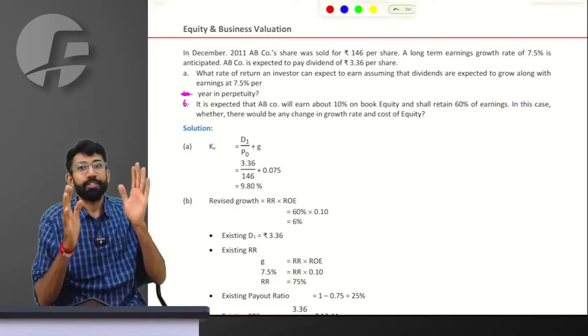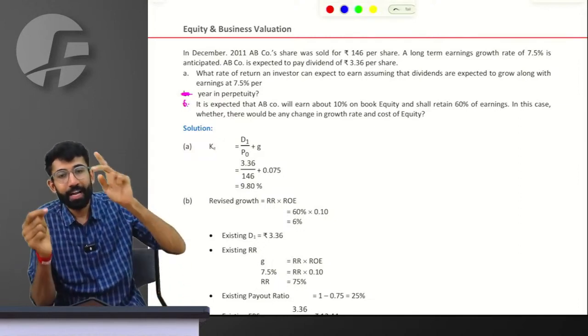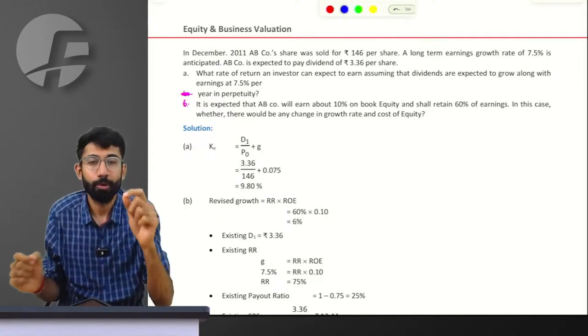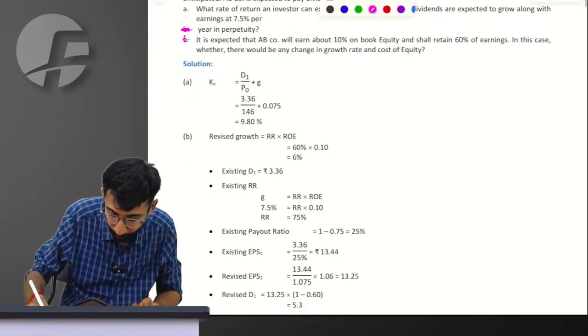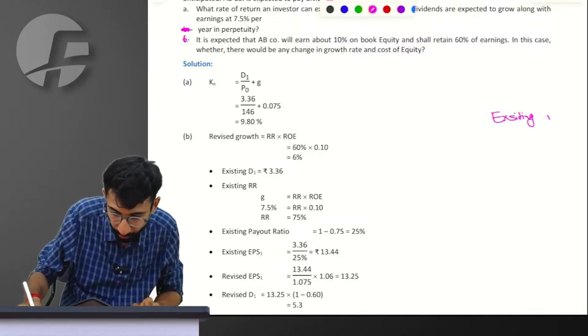Requesting your response, everyone. This is the ultimate depth in this question, that I will have to use revised D1. How many of you are able to process this thought? Let me clear it to you. I have been given existing D1.